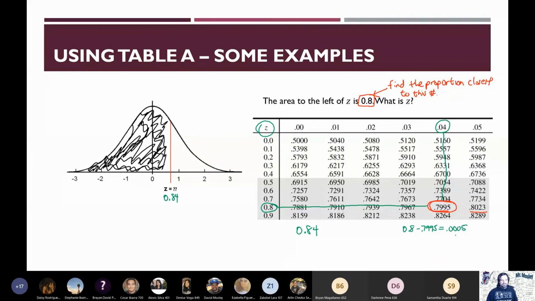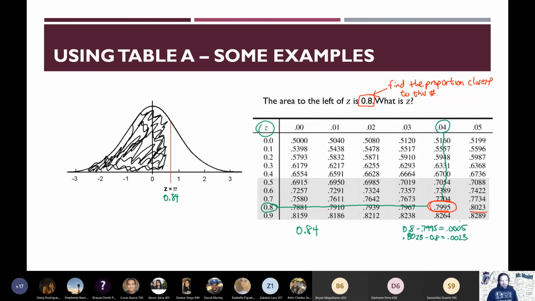I'm only off by 0.0005. For this other value, we have 0.8023 minus 0.8, which equals 0.0023. I'm doing this because I just need to know how far away each number is from 0.8, because I need to choose the one that's the closest.